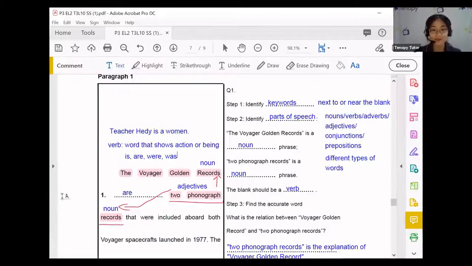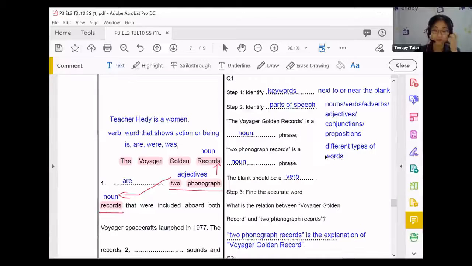By identifying the parts of speech of the words around it, you can narrow down what type of word you're looking for. That process is called identifying the parts of speech. After that, it's up to your understanding of the sentence and your vocabulary to help you find the most accurate word.